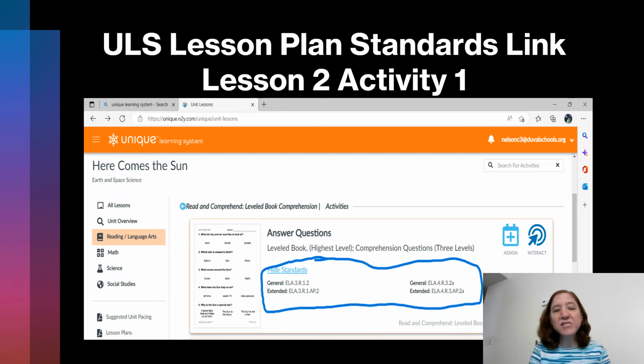For the specific activity identified, the best linked benchmarks associate with identifying themes in literature and using it to summarize and enhance understanding of text. There's also one in 5th grade that wants them to explain as well as identify the themes within that text.